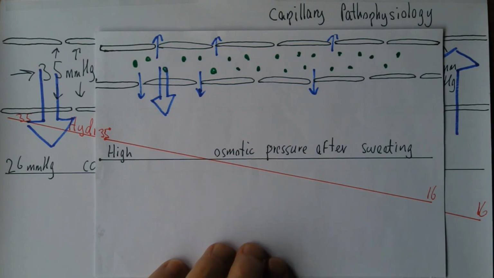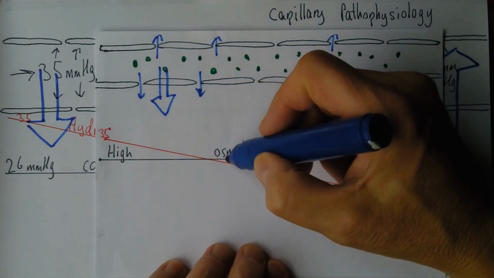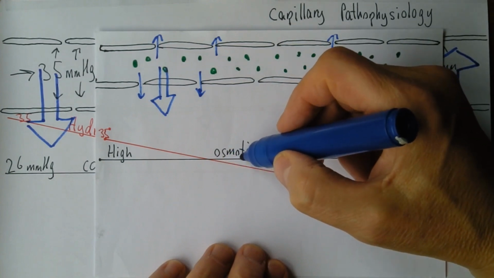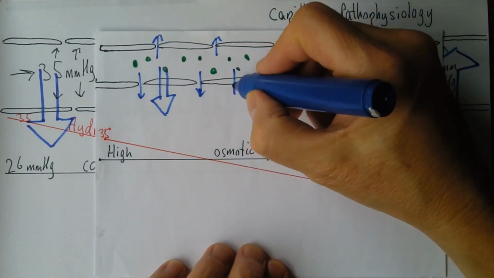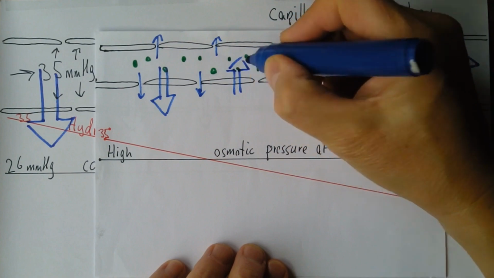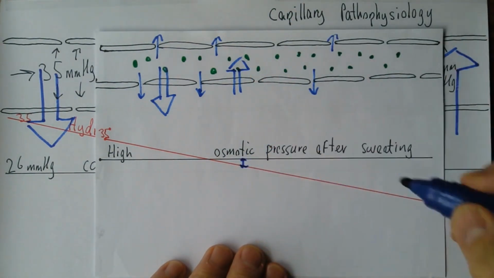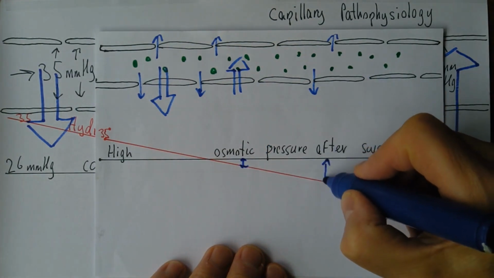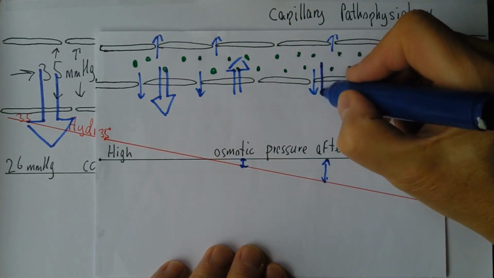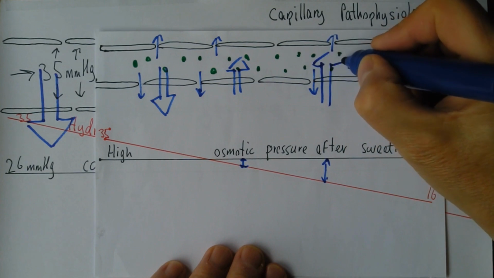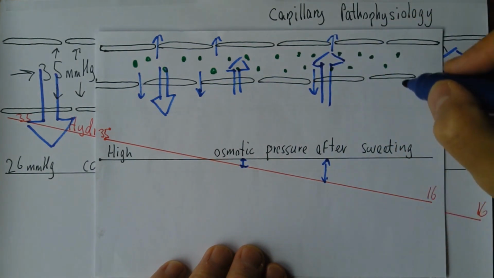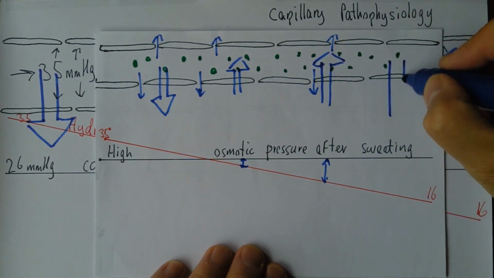But what this means is that even as early as here in the capillary, the osmotic pressure, because it's higher, is now greater than the hydrostatic pressure, that difference there. And then here, the pressure is greater still, so we'll get more going back in. And then here there's a bigger difference, so we'll get even more going back in.